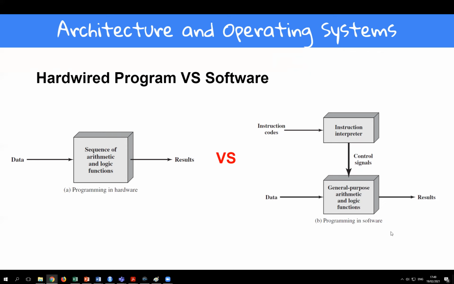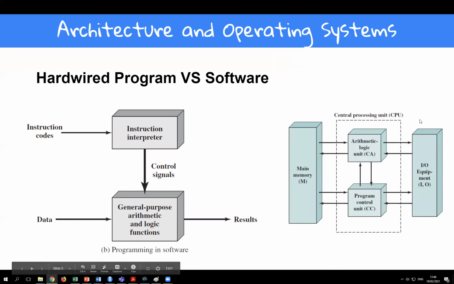So this is different from programming hardware, and the Von Neumann architecture IAS machine works based on programming in software, because we store both instruction and data on the main memory.